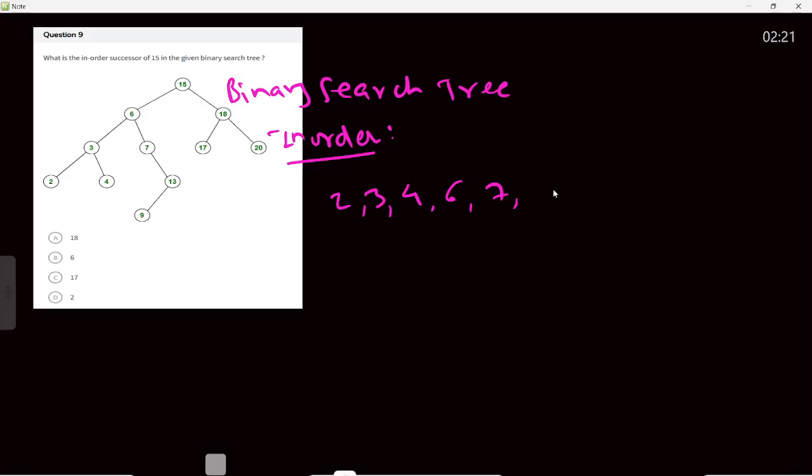After 7, there will be 9. Then 13. 13 after 15. After 15, there will be 17. Then 18. Then 20. So what was the question? What is in order successor of 15? Successor means after 15 which element will be present in order. So answer is 17. So C. C is the 100% correct answer. It was so much easy question.